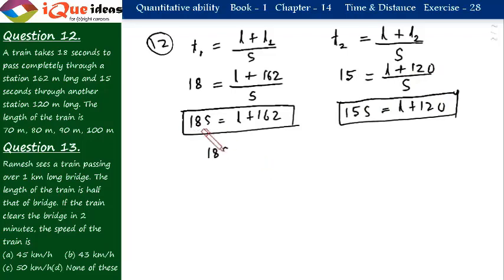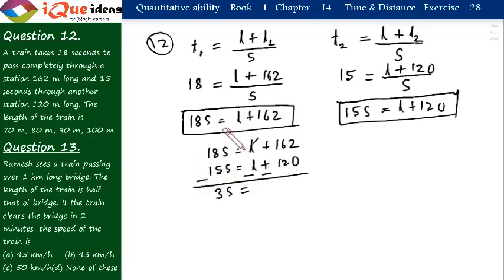So we write again 18S equals L plus 162. The second equation is 15S equals L plus 120. If you subtract, on the left-hand side you get 3S, and on the right-hand side L gets cancelled. You get 162 minus 120, that is 42. So the speed of the train is 14 meters per second.